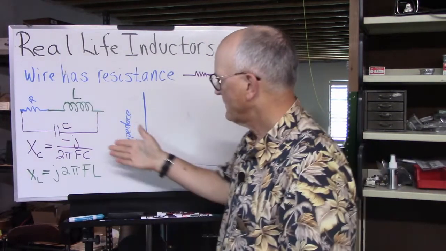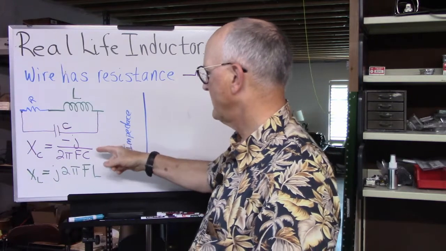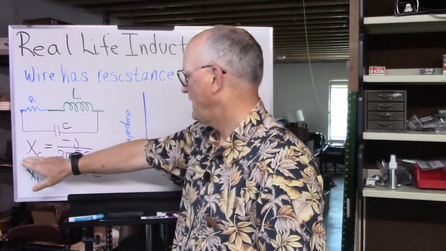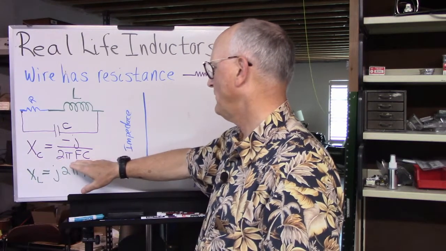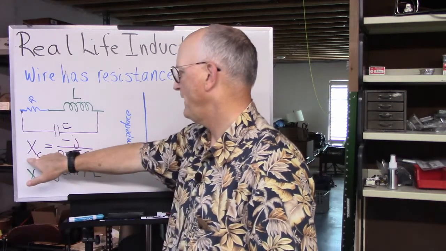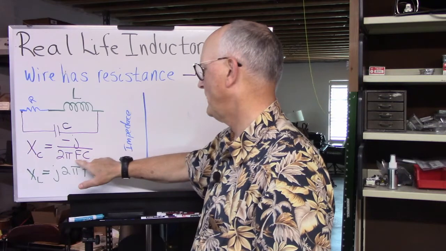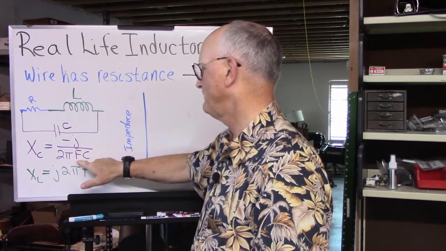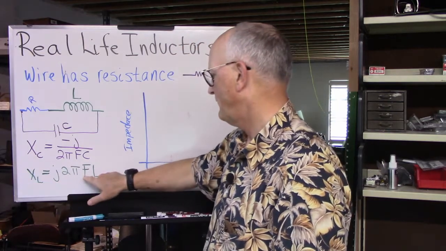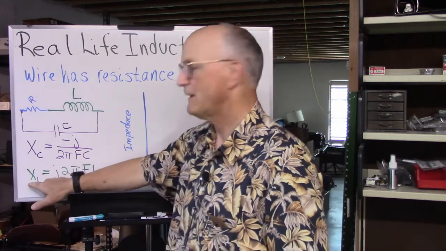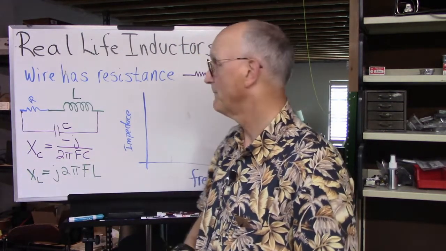So as we can see from these equations here, the capacitive reactance, as frequency goes up, this gets smaller and smaller because frequency is on the bottom. As inductive reactance, as frequency goes up, this gets larger and larger.